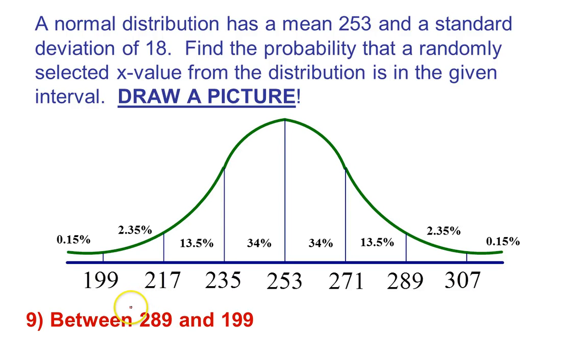Alright, let's look at number 9. Alright, what about between 289 and 199? So here's 289 and here is 199. So this is the interval that we are speaking about.